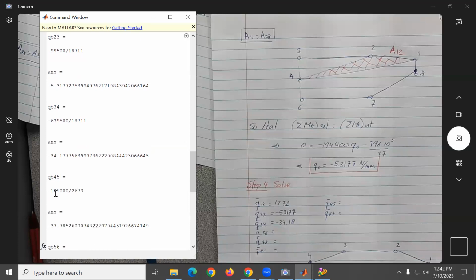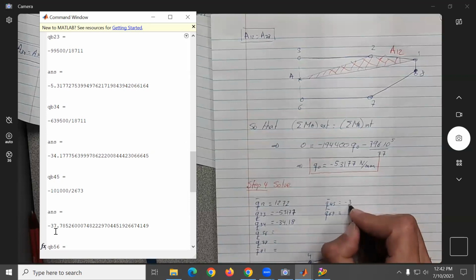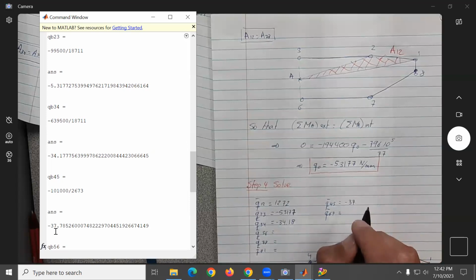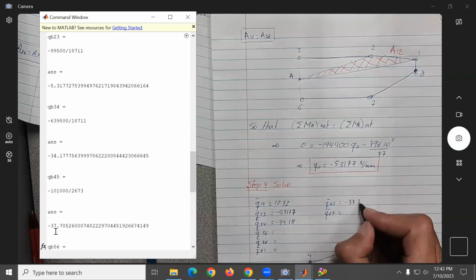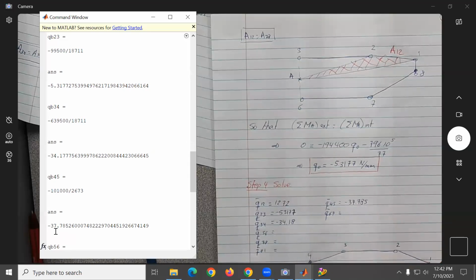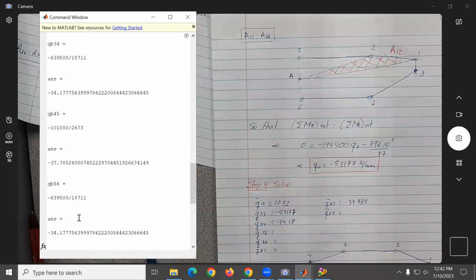Q45, I think that's the one I missed, so it is minus 37.75. Then Q56 would be minus 34.18.